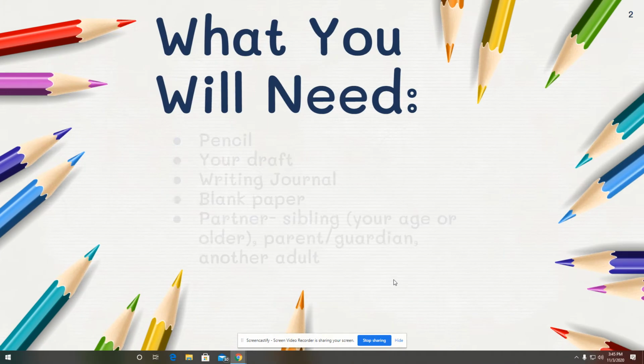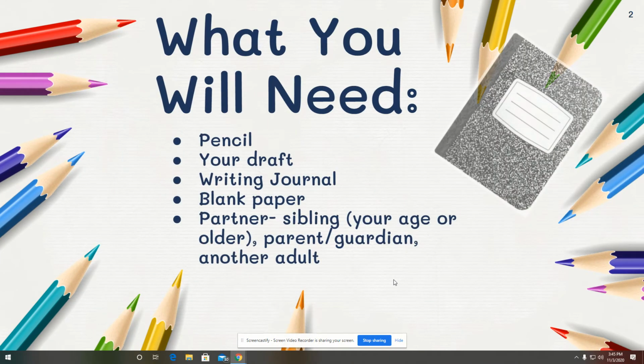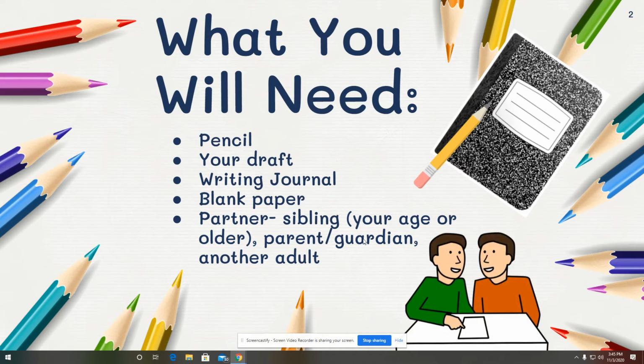You are going to need your pencil, your draft, or a copy of your draft, your writing journal, some blank paper, and a partner. This partner could be a same age or older sibling, parent, guardian, or other grown-up that can help you with your assignment today.